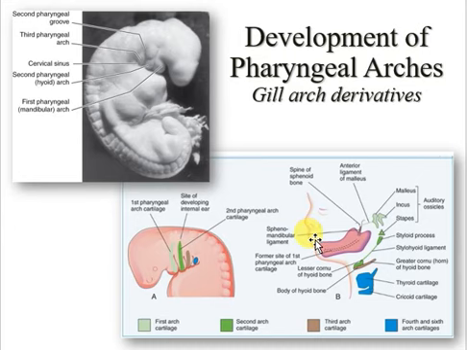The maxillary process gives rise to the maxilla, which is upper jaw. It'll give rise to the zygomatic bone, which is your cheekbone, and also the squamous part of the temporal bone, which will lie right around here, right next to and anterior of the ear. The external auditory meatus, your external ear canal, is a derivative of the first pharyngeal fold.